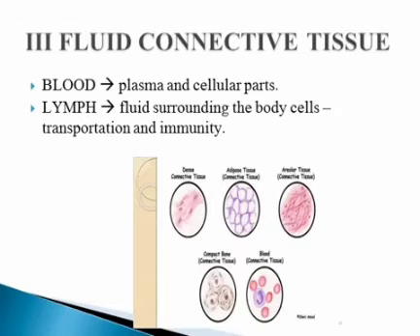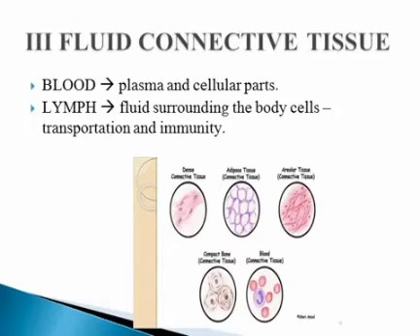Next is fluid connective tissue. This has two subcategories: blood and lymph. Blood is composed of two main parts. This we have studied in our lower classes itself.